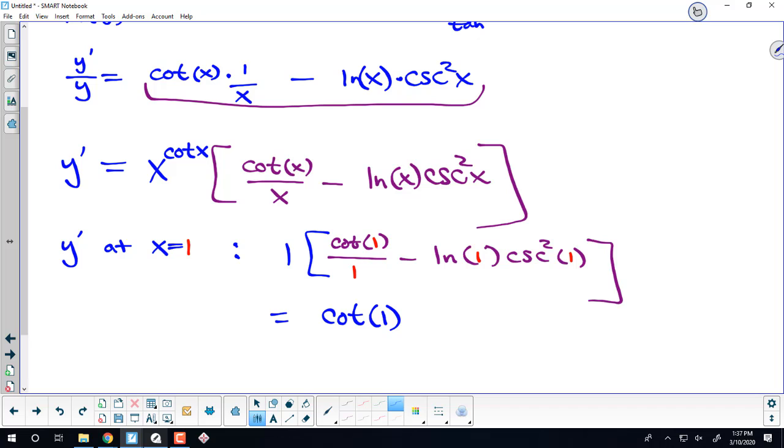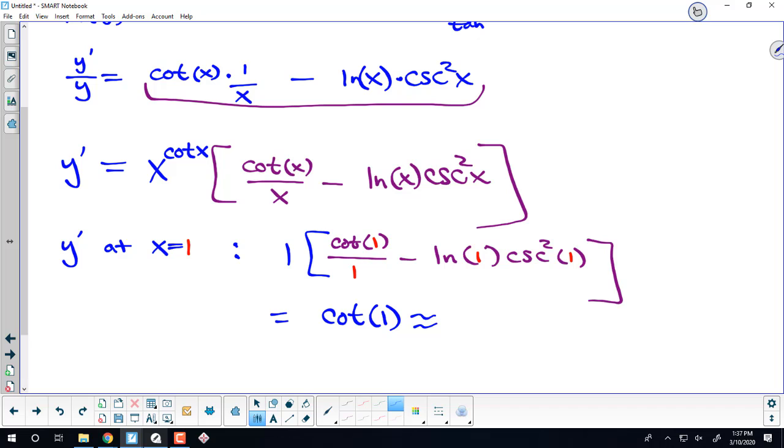So did anybody compute cotangent of 1 yet? It's in radians. I'm just curious. It's going to be some approximation, but we're going to leave it as cotangent of 1 since it's not nice.